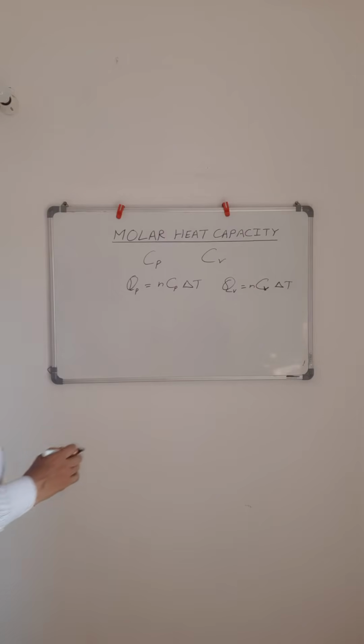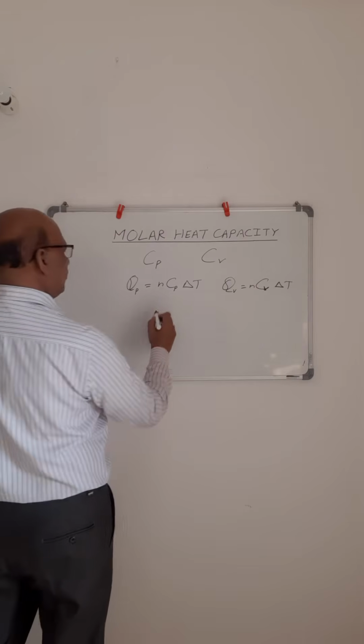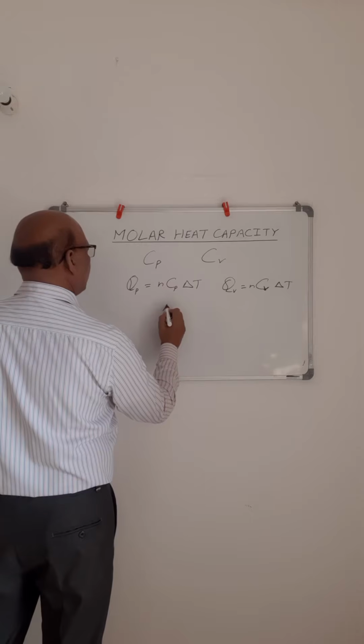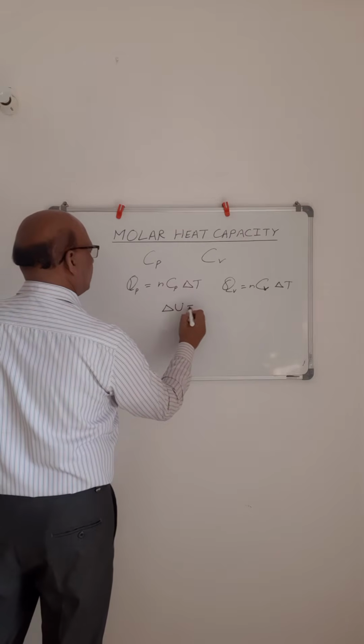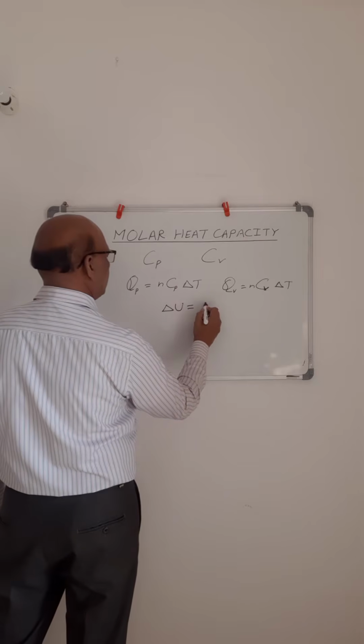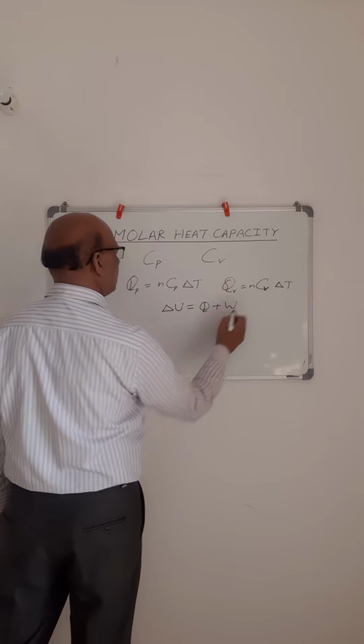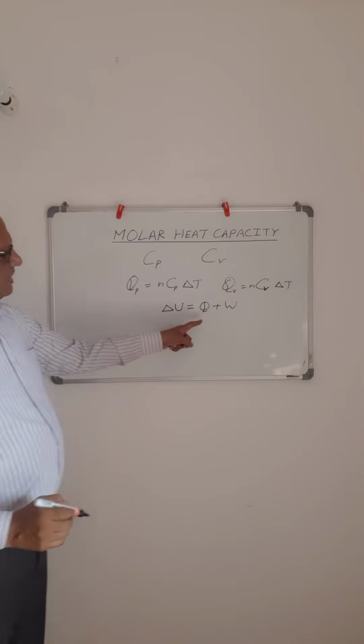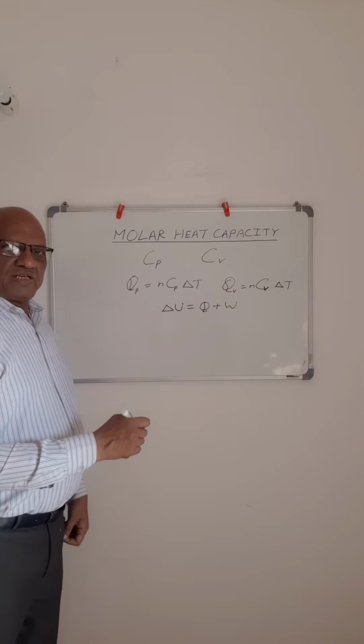Now, as per the first law of thermodynamics, the change in internal energy of a gas is equal to Q plus W, that is the heat supplied to the gas plus work done on the gas.